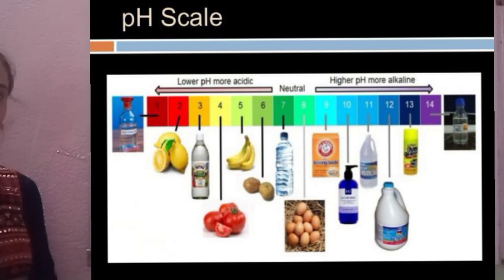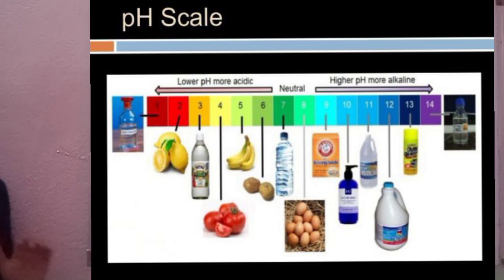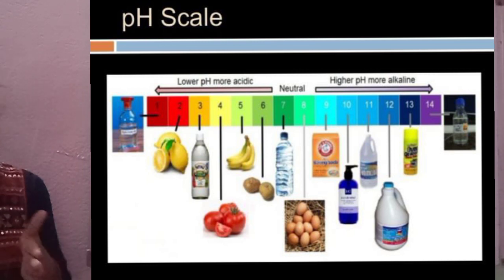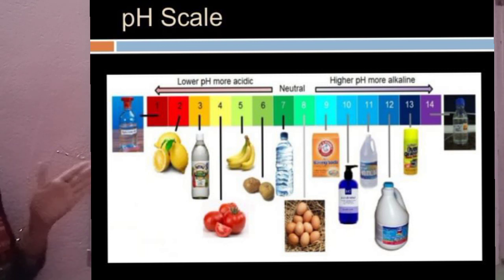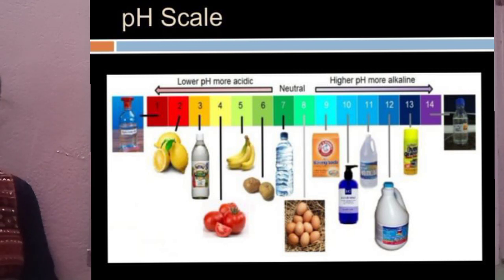Clear, student? In this way, we can differentiate the acids and the bases, and determine the pH of a solution, whether acid or base, with the help of this pH scale.